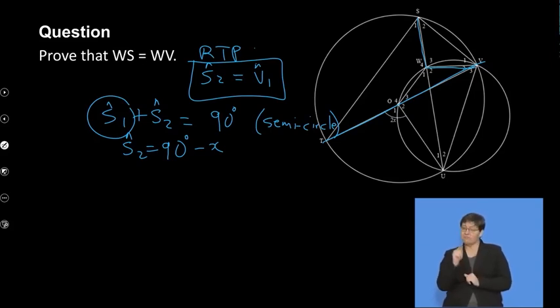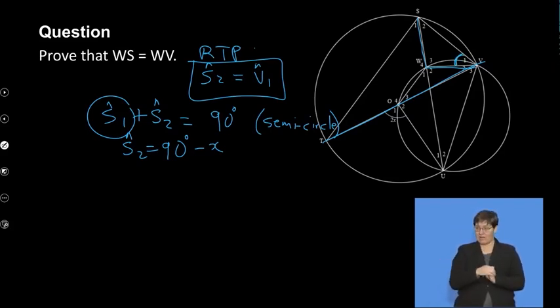So what do I know about V1? I can try to find it using the value of W3, because W3 we can find based on this angle here, which is O2, right?